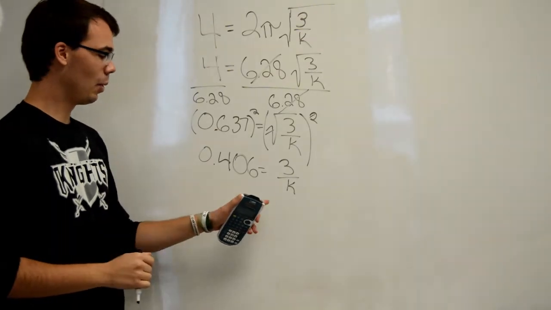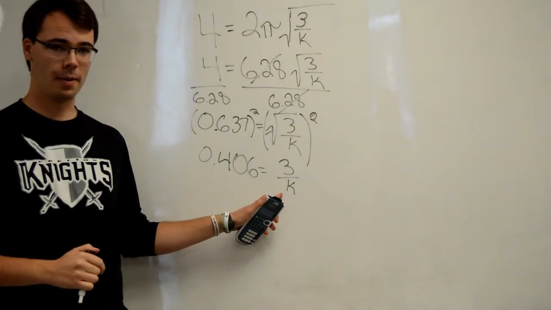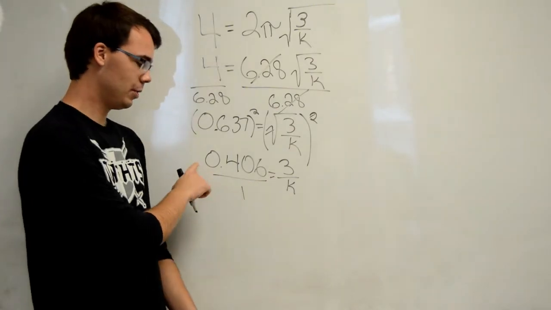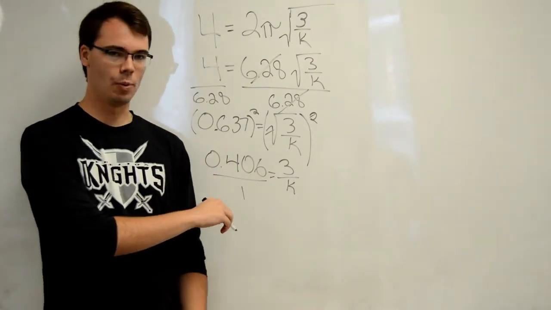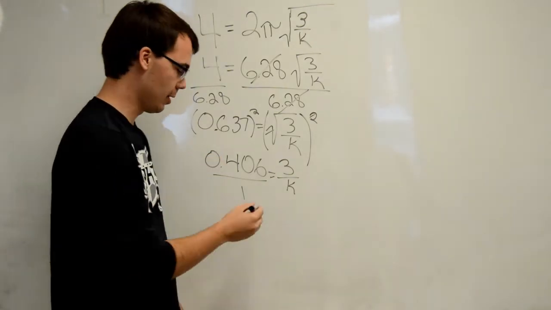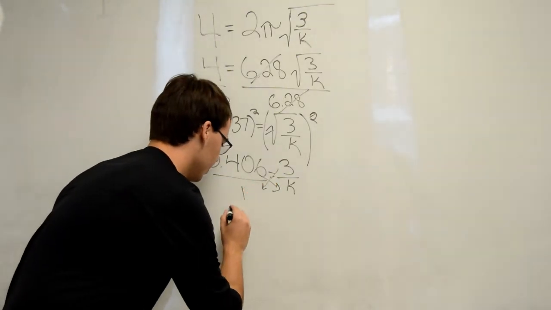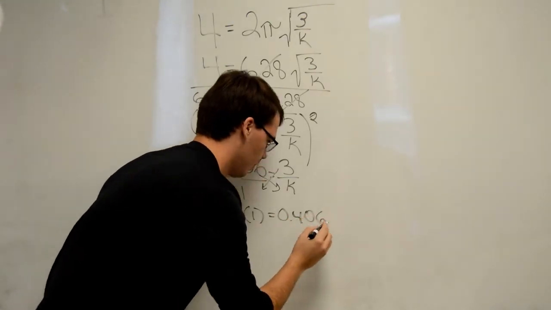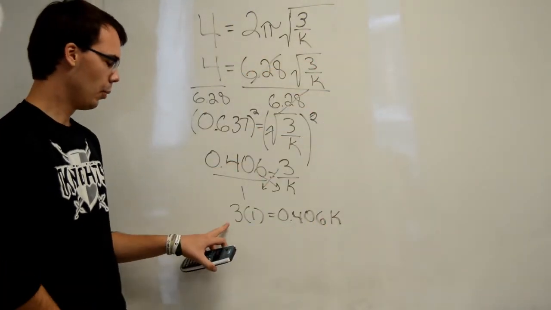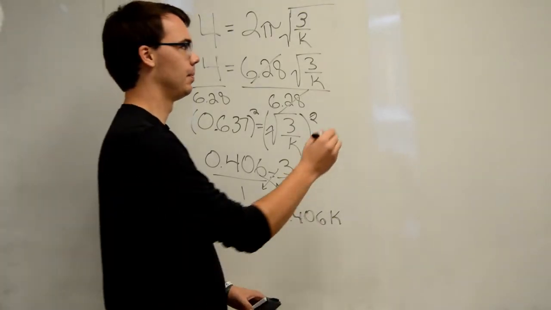After this step, we want to get k by itself on the top. So what we will do, we'll set 0.406 over 1, so we have fractions on both sides. Now we will cross multiply to get k on top. Slide this up to the top over here, but we know that 3 times 1 is 3.